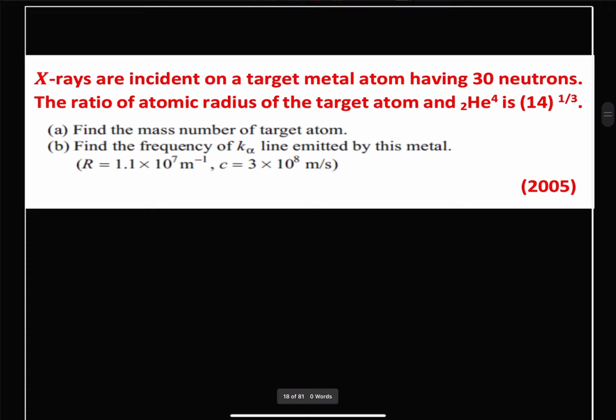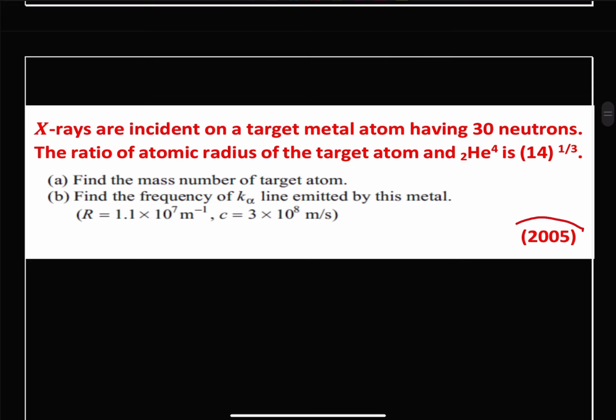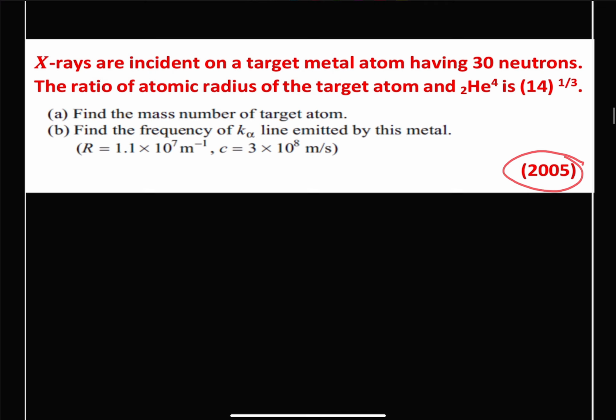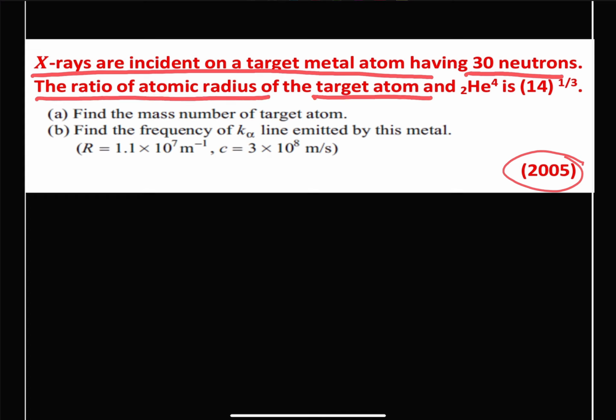Next question. It was asked in the year 2005, and it states that X-rays are incident on the target metal atom having 30 neutrons. The ratio of atomic radii of the target atom to that of helium is 14 raised to power 1 by 3.